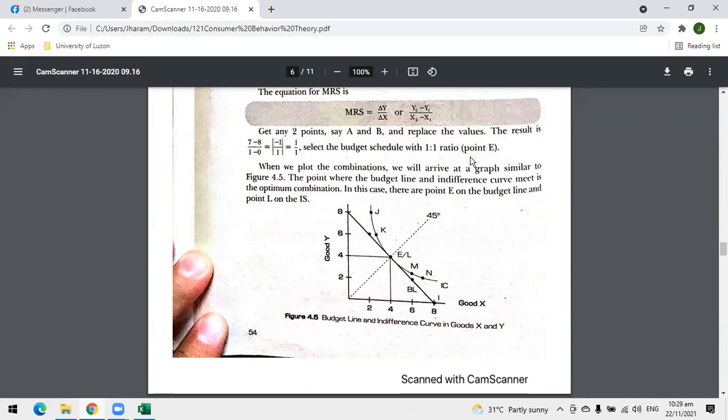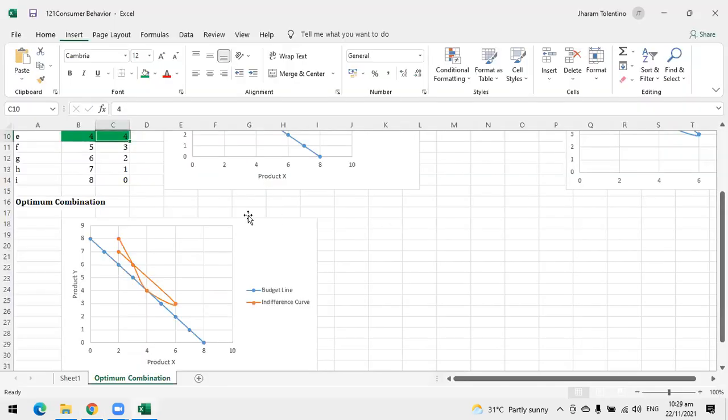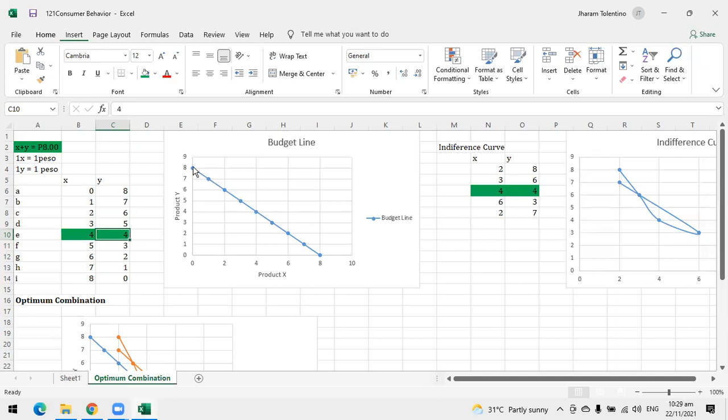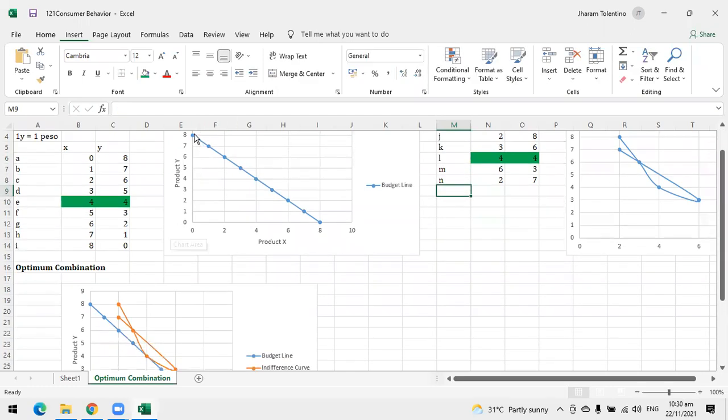The result will be, okay, one good example, any points he mentioned here, 7/8. Do we have 7/8 here? These points, A and B, on the budget line. Because AB, right? This is AB. H, I, this is J, K, L, M, N. So the points he refers to are A and B. That's it, A and B.